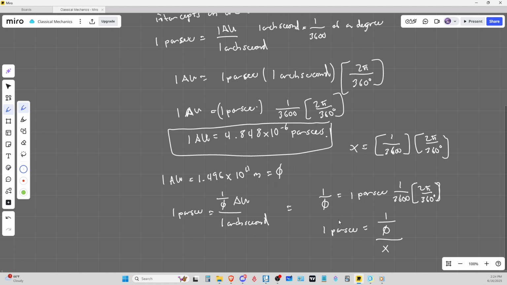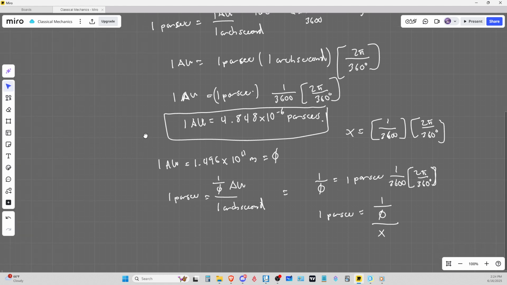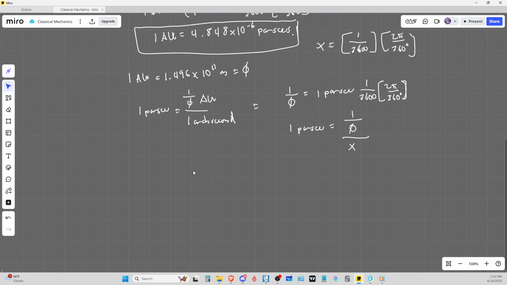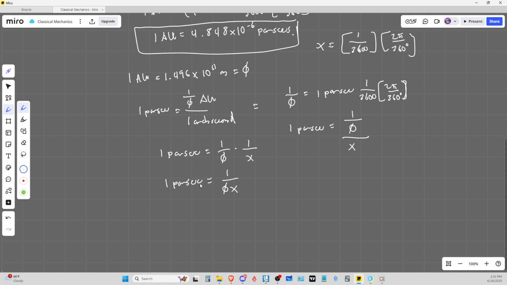Make the algebra a little bit easier on the eyes. I know the notation looks weird, but it's just easier for me to actually see it, because I think this is what we need to do here.